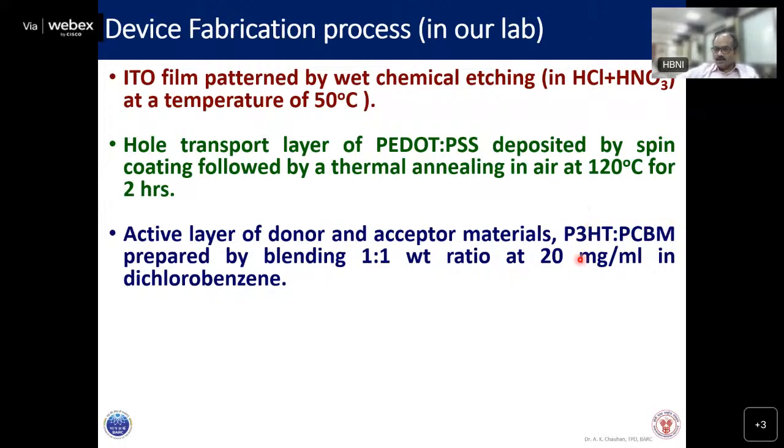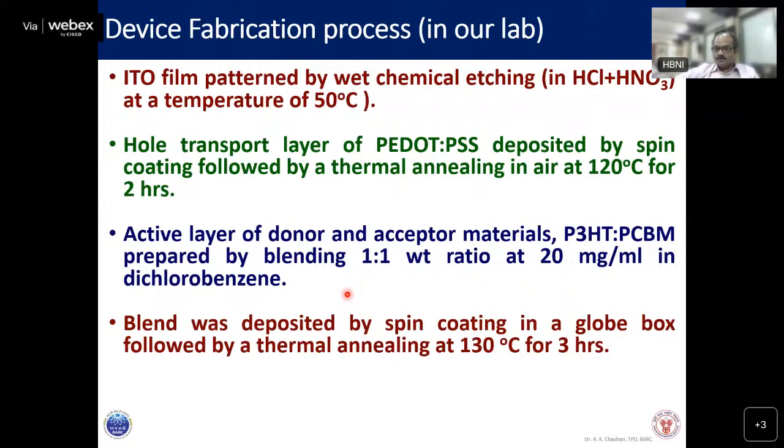So you take 20 milligram per ml P3HT, you take 20 milligram per ml PCBM, you blend and mix them in dichlorobenzene, and then stir them for nearly 2 weeks. After 2 weeks, you get a very good blend. This blend you can deposit using spin coating on the hole transport layer which you have already deposited. The blend is prepared by stirring for 2 continuous weeks under dark inside a glove box.